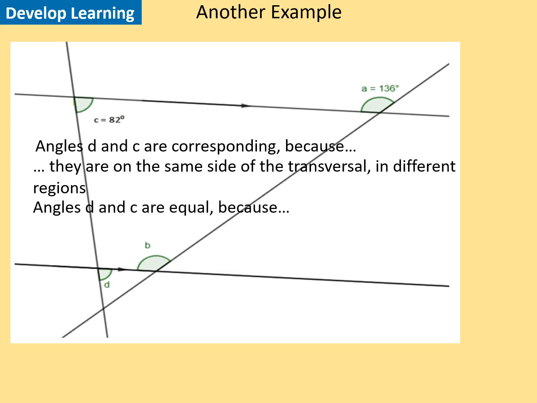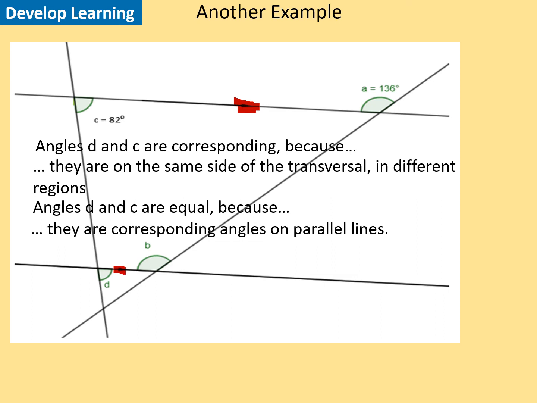What we can also say is angles D and C are equal, and that is because D and C are corresponding angles on parallel lines. This would mean, therefore, that we can definitely say that D is also equal to 82 degrees.